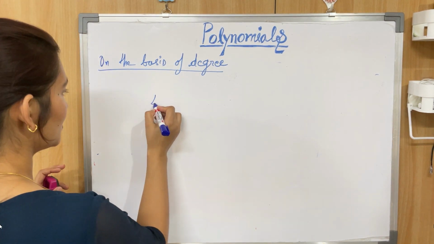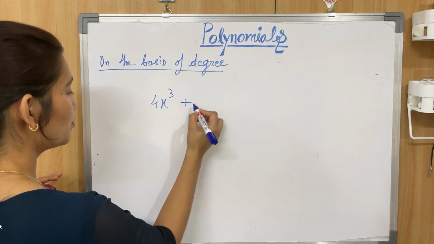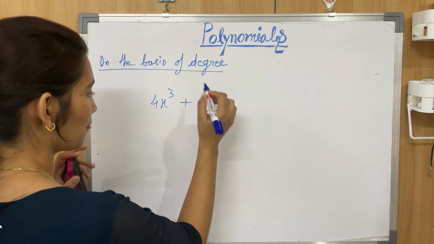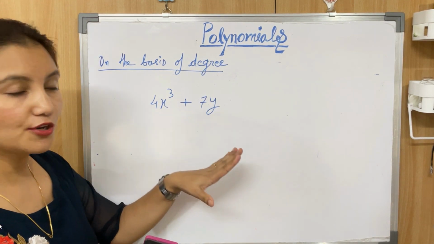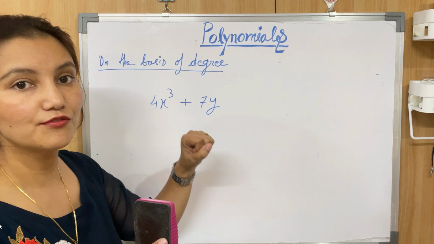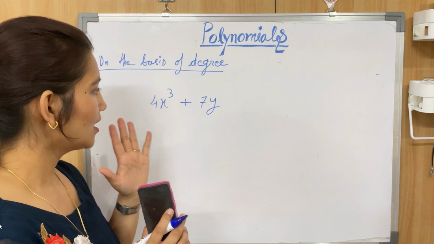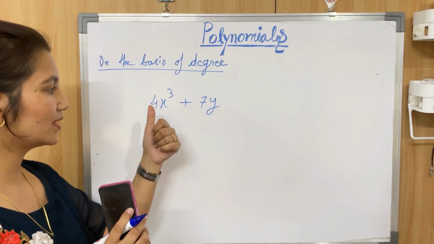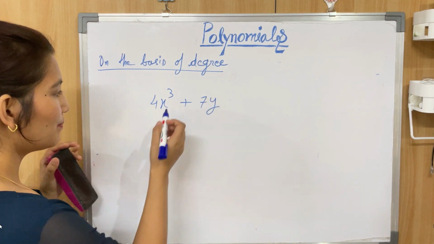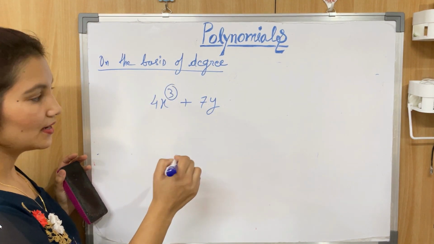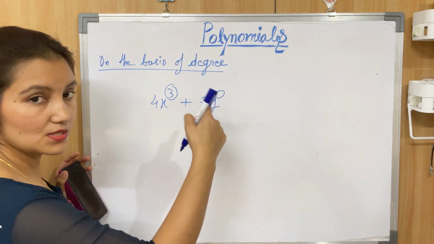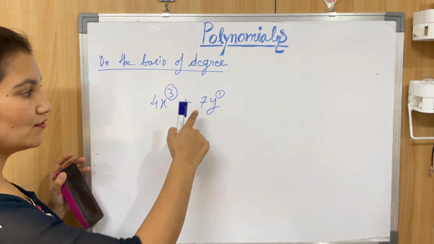Let's say this example, 4x cubed plus 7y. Here you see there are 2 variables, one is x and one is y. The power of x is 3 and the power of y is, no power means 1. So the power of y is 1.